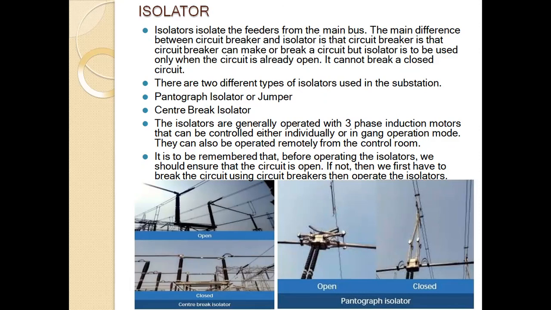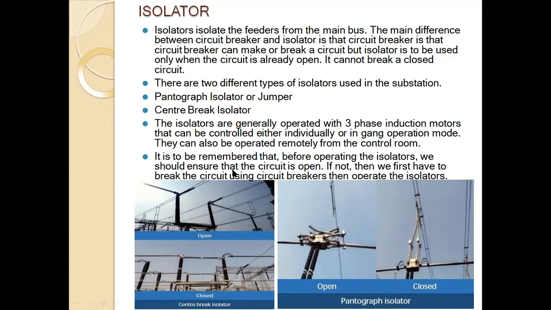The isolators are generally operated with three-phase induction motors that can be controlled either individually or in gang operation. They can also be operated remotely from the control room. This is a working pantograph isolator. This is a closed pantograph isolator.